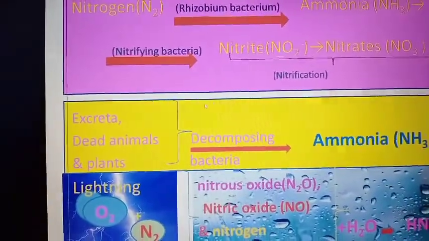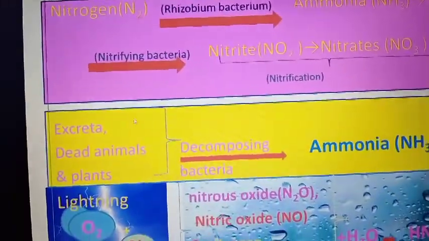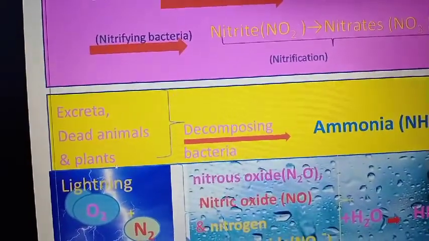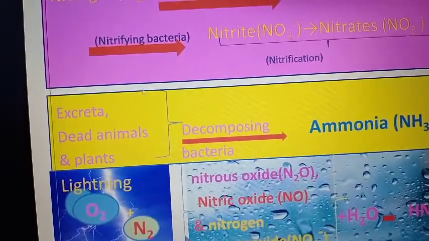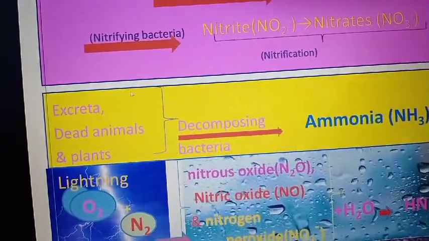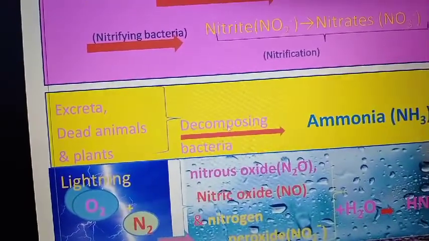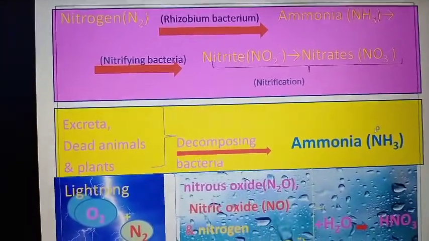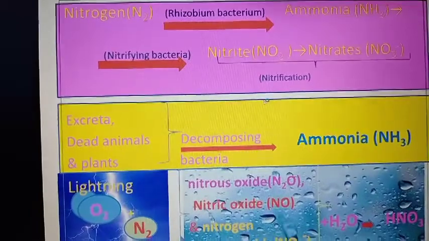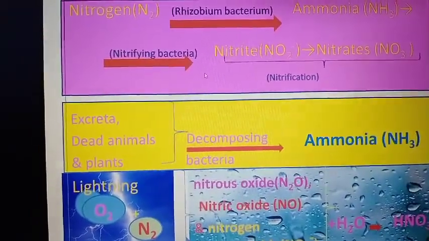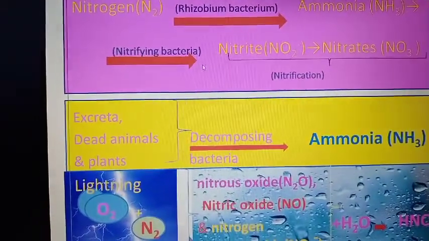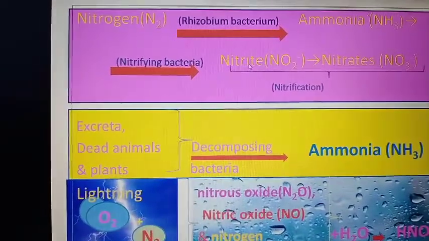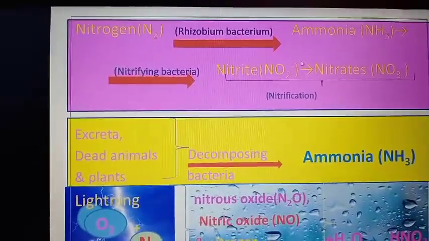Then we learned about ammonification. The excreta of animals and dead animals and plants form nitrogenous waste. They are decomposed by decomposing bacteria and converted into ammonia, NH3. This ammonia is nitrified by nitrifying bacteria and converted into nitrites and nitrates.